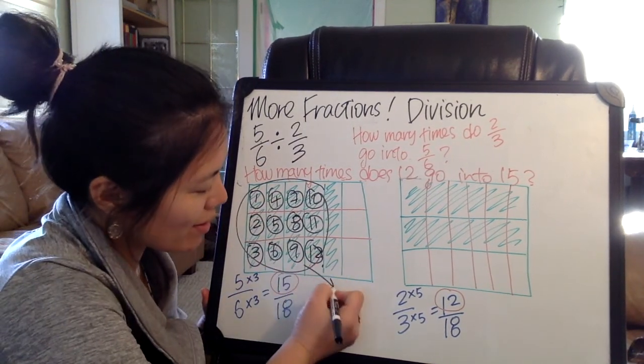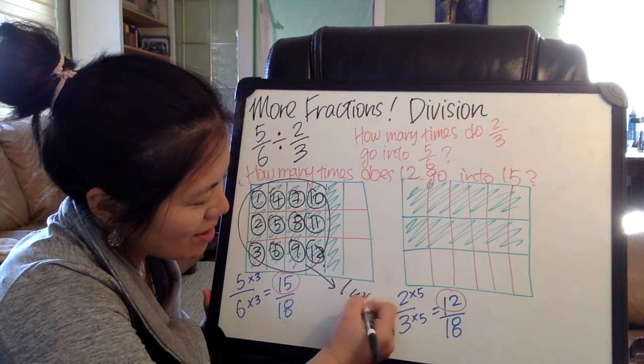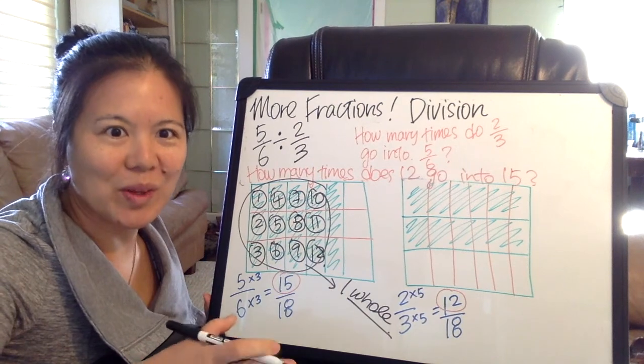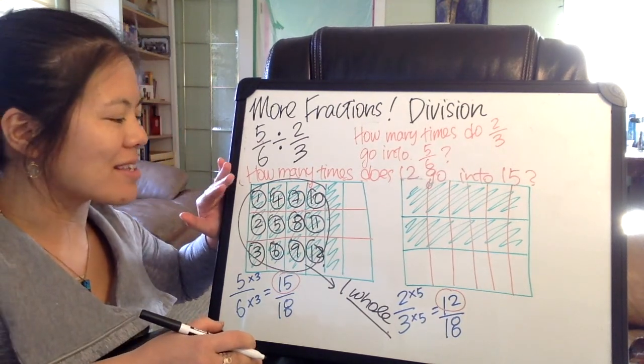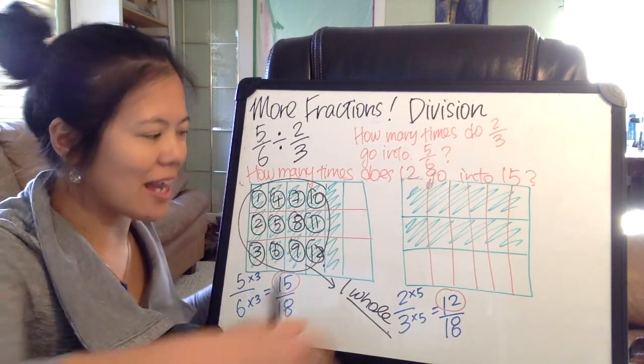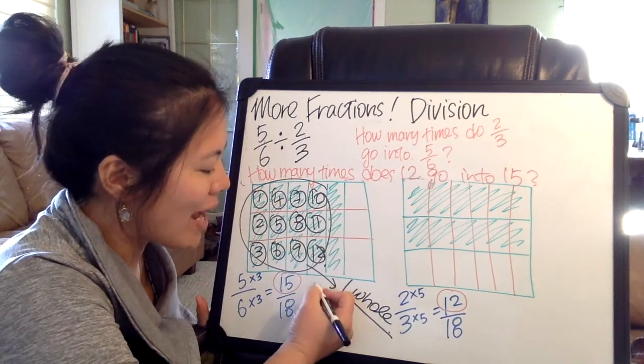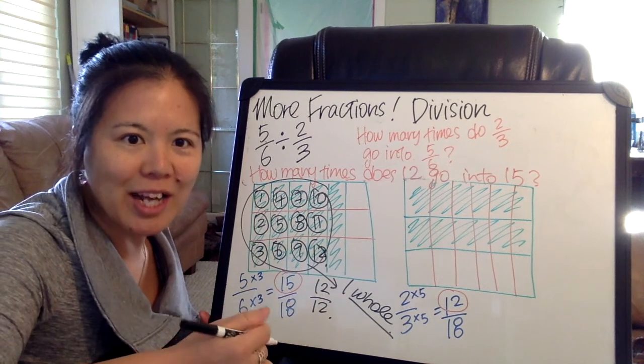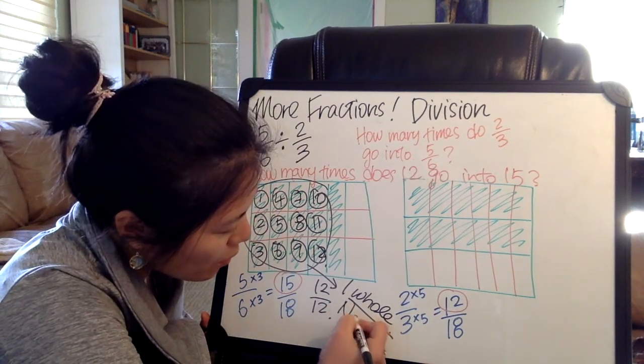So this is my 1. And this is a really, really cool part. So that means when I have 12 pieces out of these little units, when I have 12 out of 12, that is my new whole.